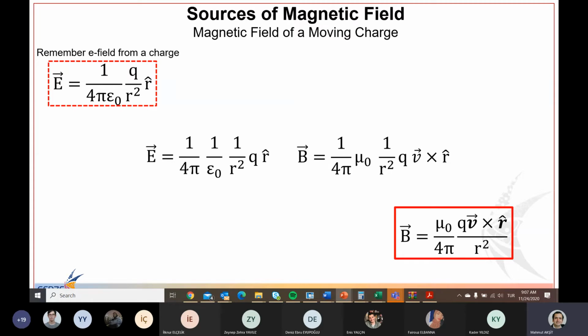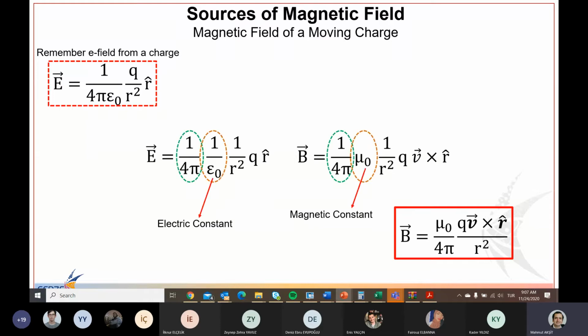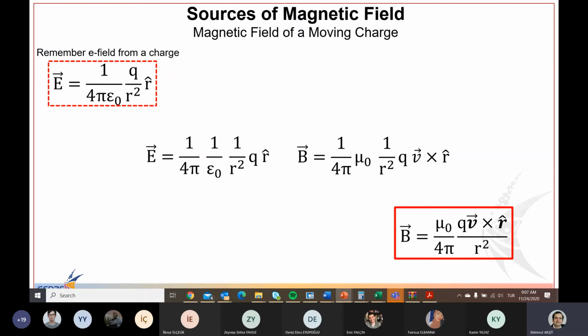Okay. And how do you find the magnetic field generated by a moving charge? So we remember the E field from a charge. That was 1 over 4 pi epsilon 0 q over r square, and the E field was a vector field.